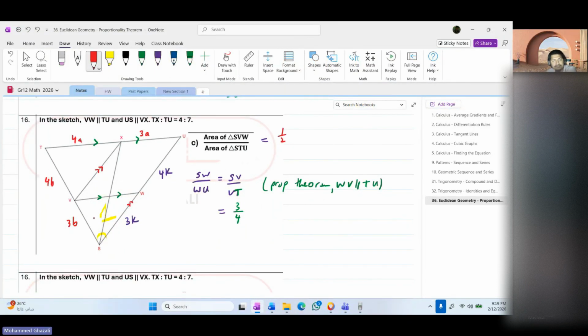This is half. We said we are using the sine rule because it has a common angle. Half 3K, 3B sine of angle S, half, what is ST? 7K, 7B, sine S. Now you can clearly see sine S cancels out, half cancels out, all the K's cancel out.